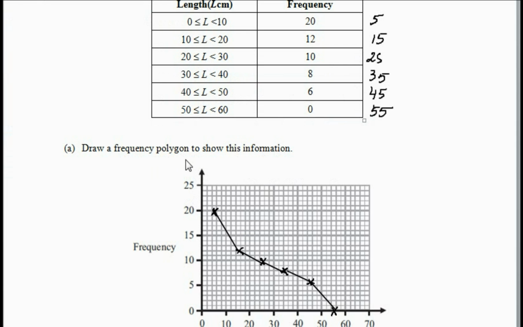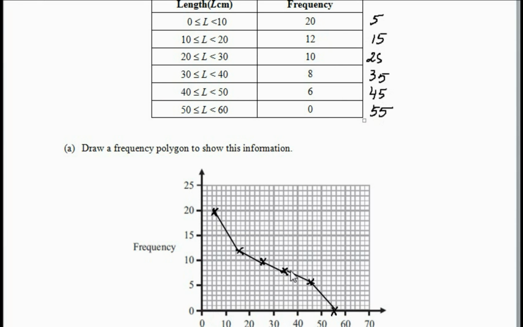Alright, for a frequency polygon, for example, you are supposed to learn that we use midpoints of each interval and frequencies. We plot the points, midpoints for the data. And remember that we always have frequencies on the vertical axis, so we have midpoints on the horizontal axis: 5, 15, 25, 35, 45, 55, and we plot them against their frequencies.